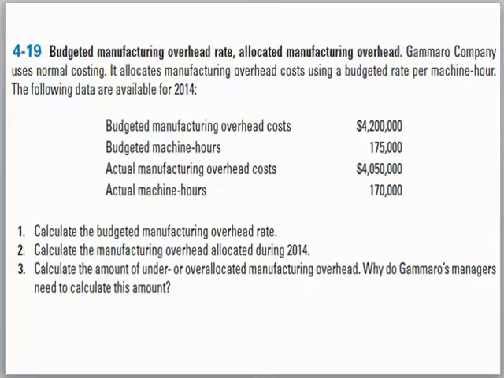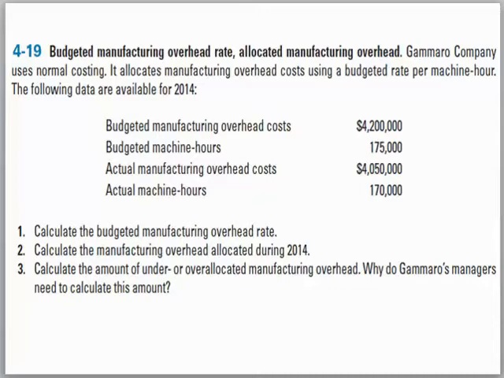The second exercise, 4-19, budgeted manufacturing overhead rate, allocated manufacturing overhead. Camaro Company uses normal costing. It allocates manufacturing overhead costs using a budgeted rate per machine hour. So the base in this problem is the machine hours.